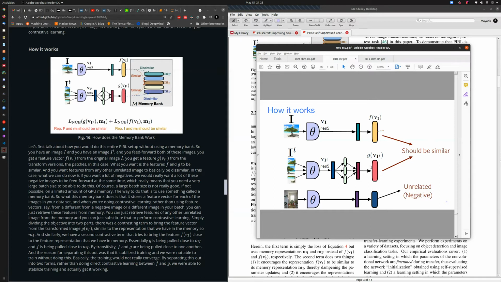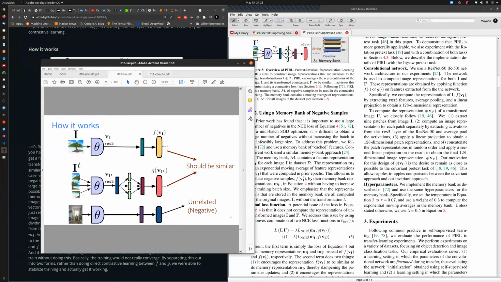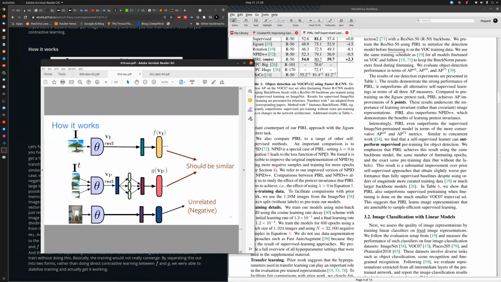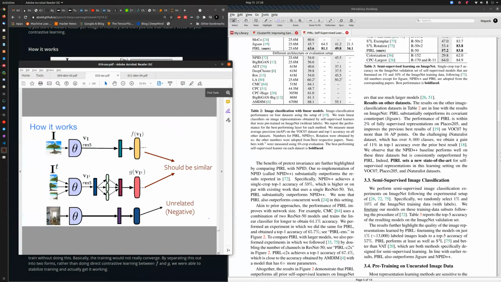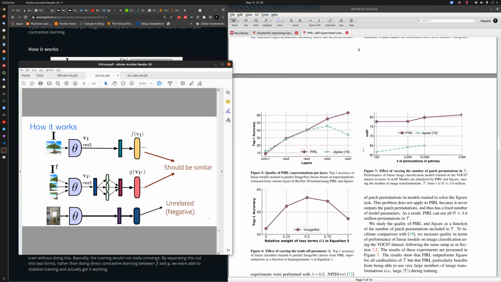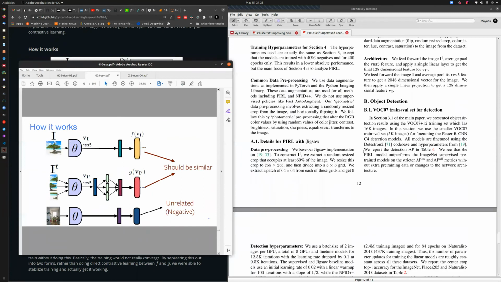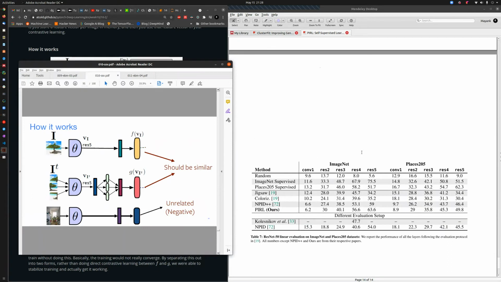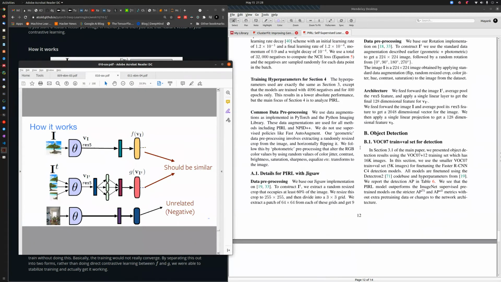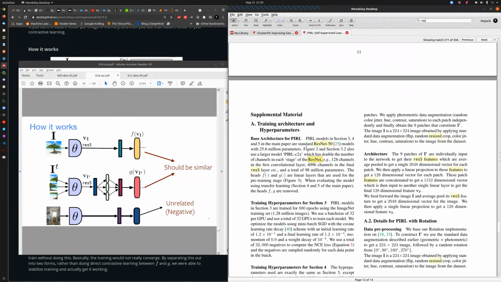small networks. It's kind of inception blocks that you can see here. I think they have used inception, if I'm not wrong. Yes. Yep, ResNet 50.